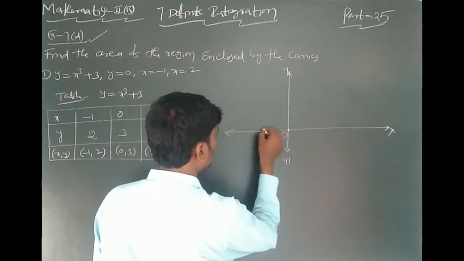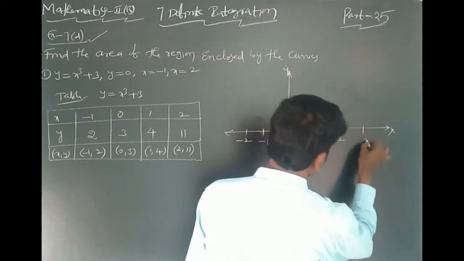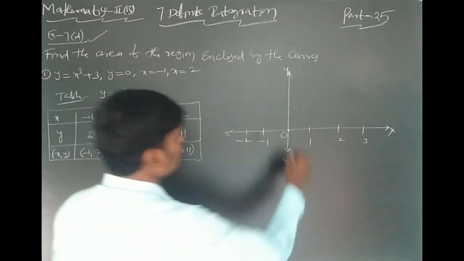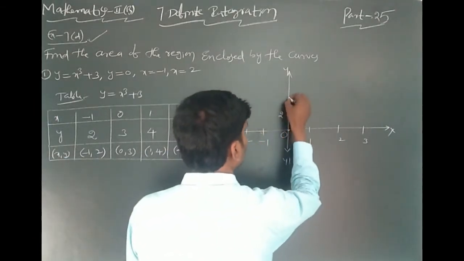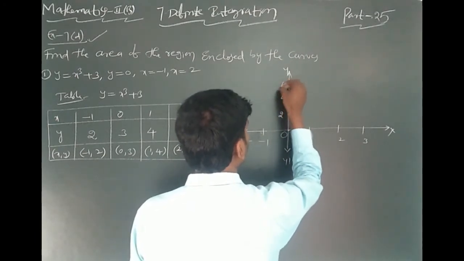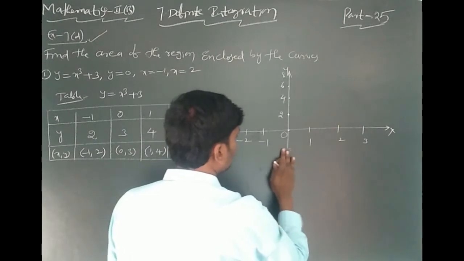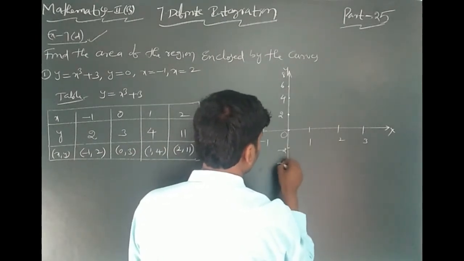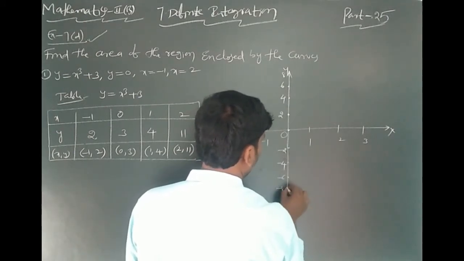On the y-axis, the values are 2, 3, 4, 11, so for each unit you have to take 2: 2, 4, 6, 8, and so on. The negative direction is minus 2, minus 4, minus 6, minus 8.